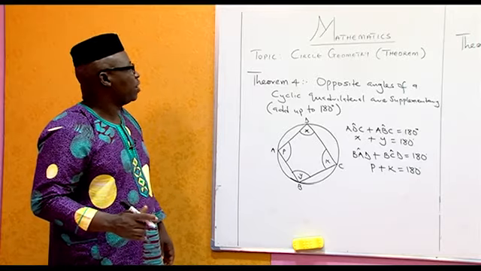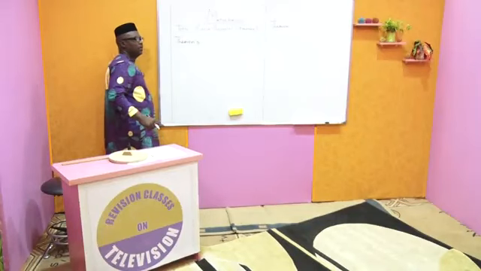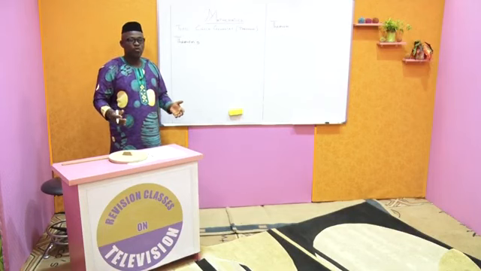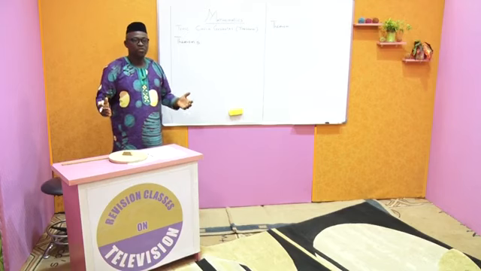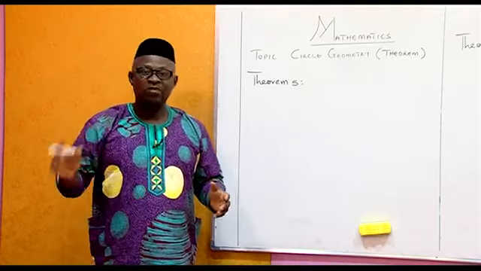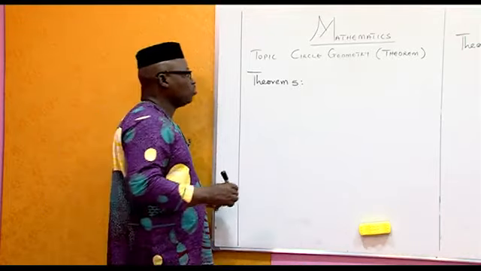I move on to theorem number 5. The theorem states that the exterior angle of a cyclic quadrilateral is equal to the interior opposite angle. When we say exterior, it shows that the angle is outside the quadrilateral. So let me write the theorem and illustrate with a diagram.